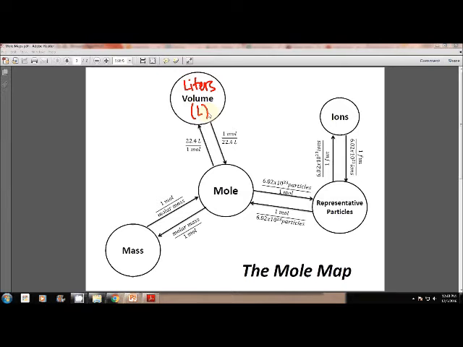And anytime you see liters or volume, we're dealing with this circle. So you can see that 22.4 liters is our conversion factor in between the mole and the volume circles. Okay? So we're actually only going to do one example because it's pretty easy. And then you're going to do the worksheet. And then when we're done with those 4, we're going to come back to more notes.